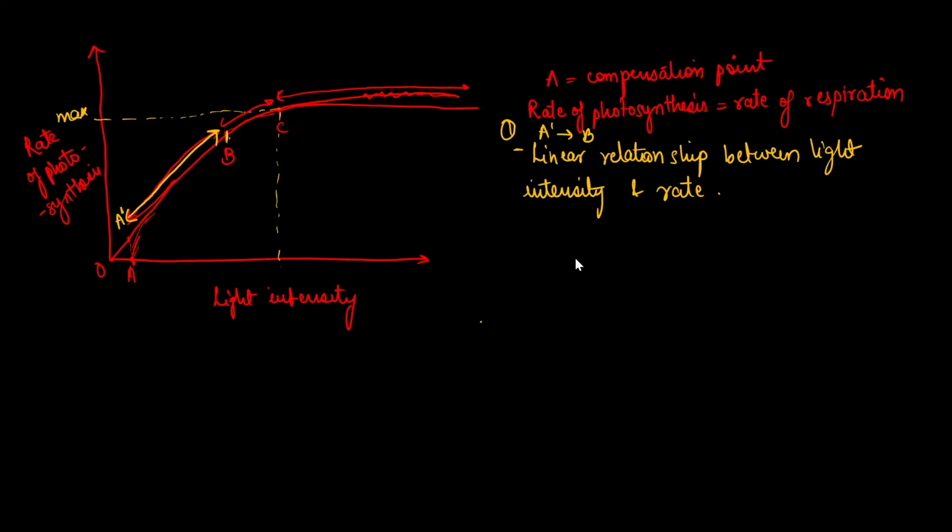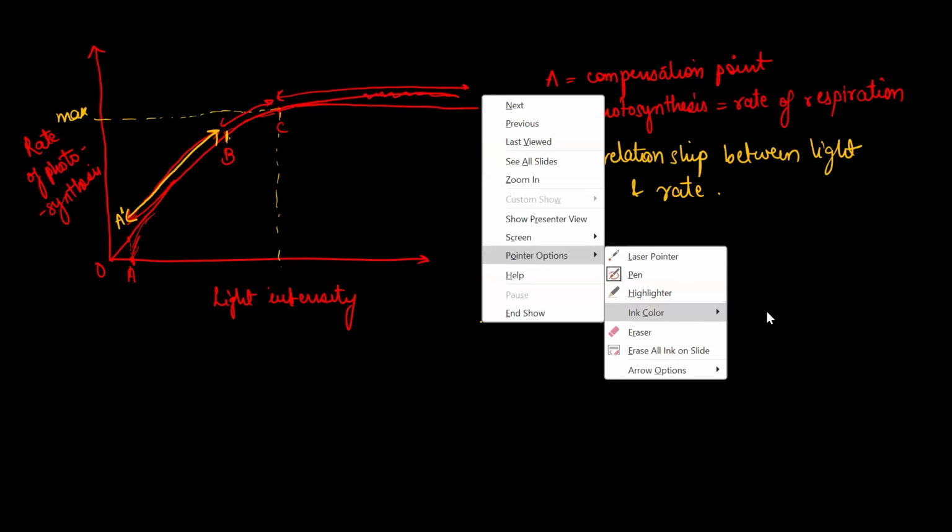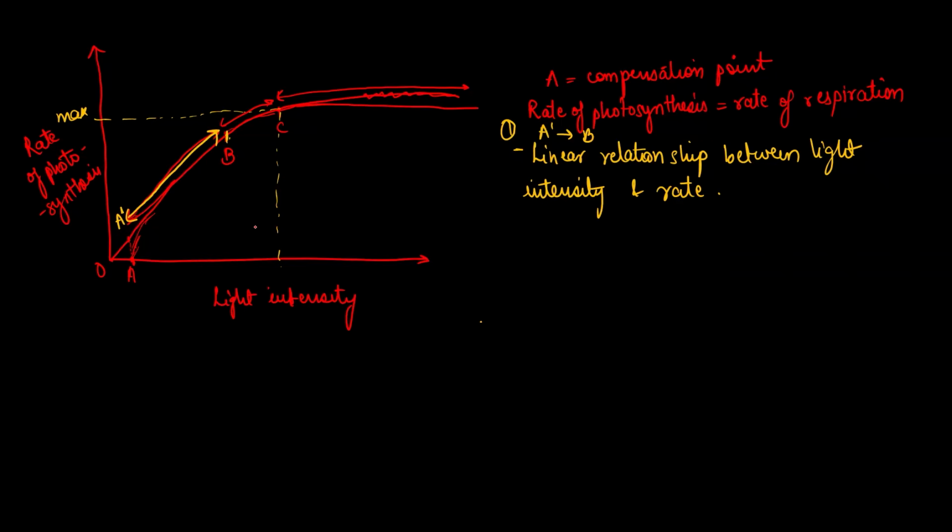Now, when this linear relationship is happening, under what light conditions? In this condition, the light intensity is low. So this linear relationship occurs when there is low light intensity.